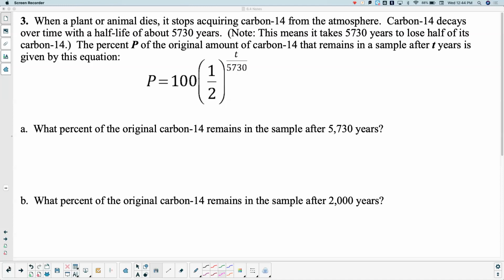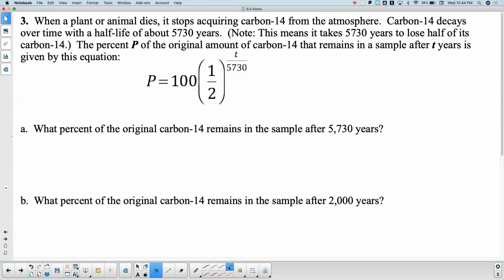I just have a question. What's up? Every 5,730 years would be half, so that's the percent, right? But you have to write all that out. Well, what would the work be? It would just be all that power, so P equals.